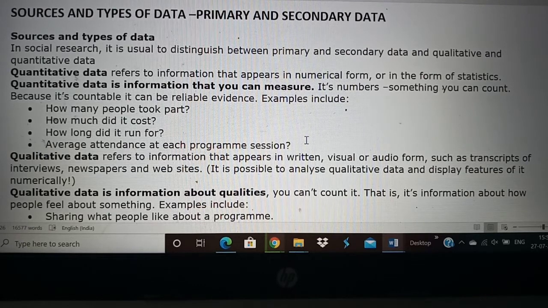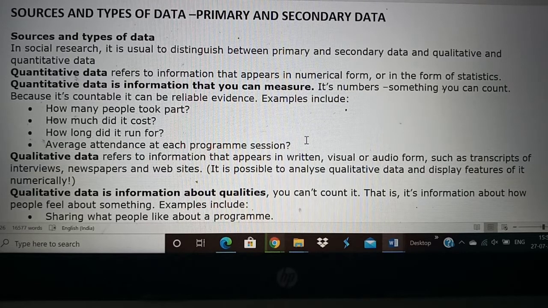Next is the qualitative data. Qualitative data is any data that appears in written form or visual form or audio form, anything which is not numbers. Information about a person, about mental health, newspaper data, news articles, interviews.